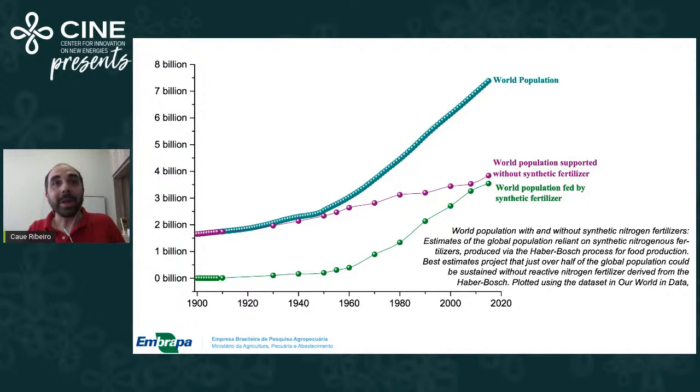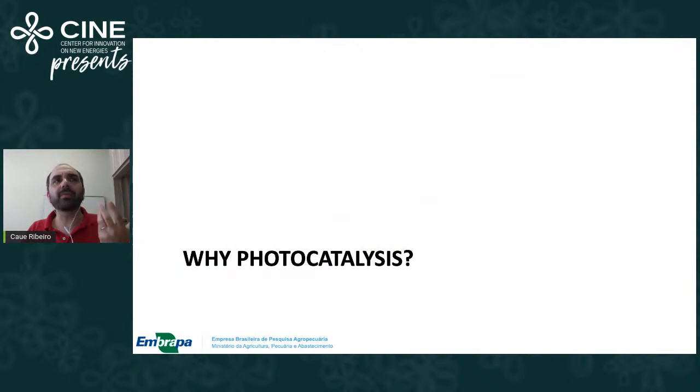But the idea of why photocatalysis is still obscure in our minds. Naturally, using solar light to drive a reaction seems interesting because we are using a widely available kind of energy to produce these reactions. But on the other hand, how to do this?